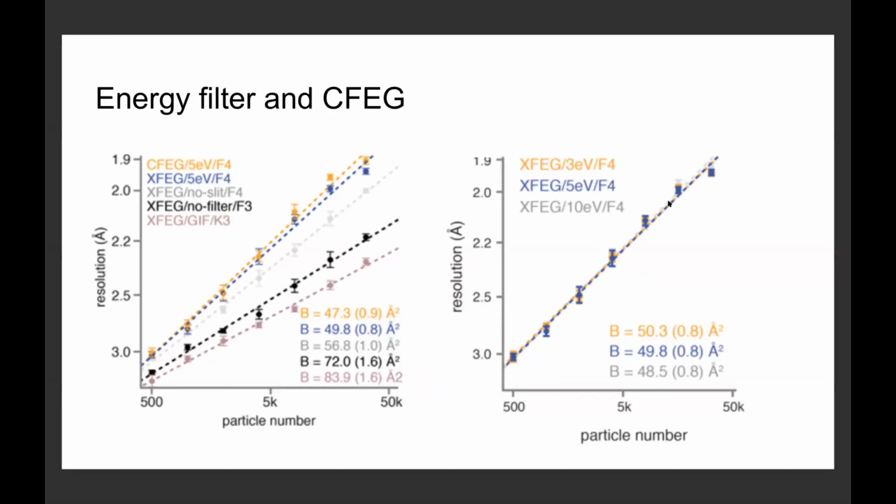So I don't think going to very narrow slits is necessary, but this test is only for the GABA receptor, and at say 1.2 Å or something, there might be a difference, but I haven't carried out such an experiment carefully yet.